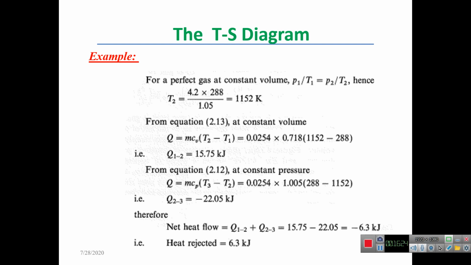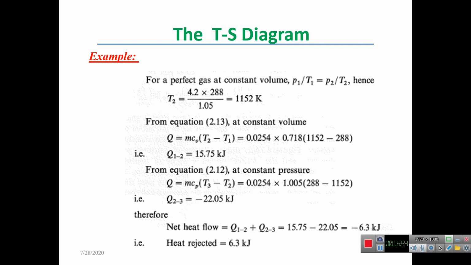Now, since we are dealing with the same mass, then the mass will cancel, and since we are dealing with the same fluid, R will also cancel, and we are going to remain with P1V1 over T1 is equal to P2V2 over T2. At constant volume process, that is between states 1 and 2 in the first diagram which we dealt with, V1 cancels with V2, and therefore P1 over T1 is going to be equal to P2 divided by T2.